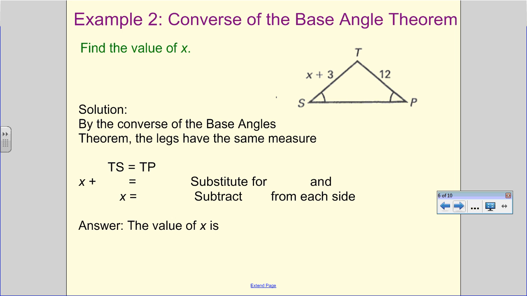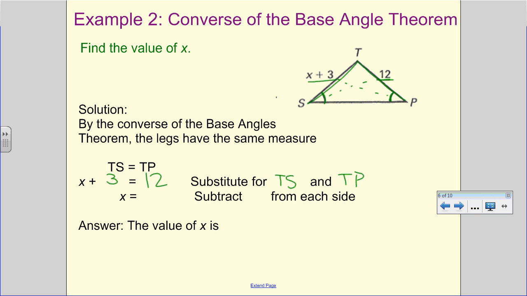Right, so example 2, the converse of the base angle theorem. We need to find the value of x. I see first when I look at this that I've got two congruent angles, S and P. So I'm going to look at the opposite sides, 12 and x plus 3. So TS is equal to TP. So x plus 3 is equal to 12. So we're substituting in values for TS and TP.